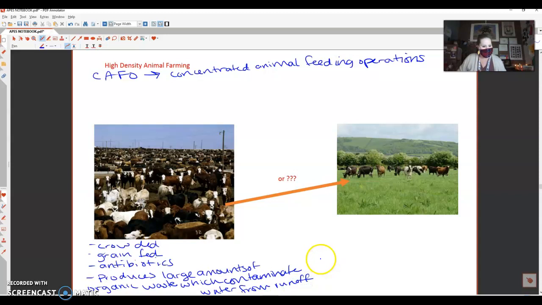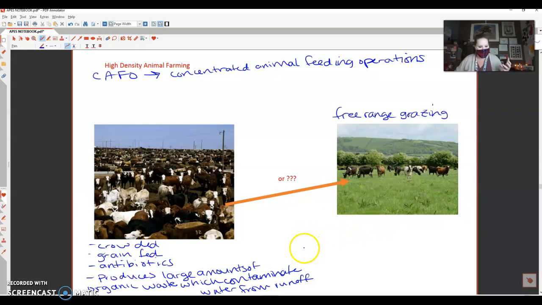Okay, now here is what we call free range grazing. So cows are given lots of space in which to roam. They eat their typical food source, which is grass. And so the cow itself is overall healthier.